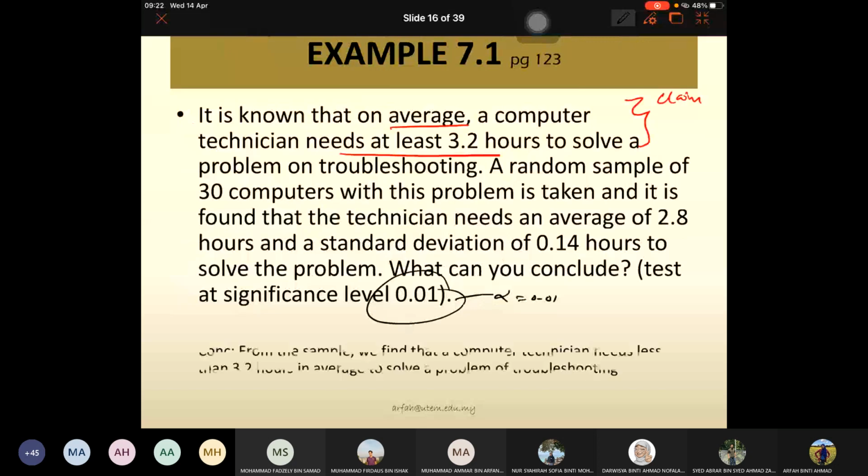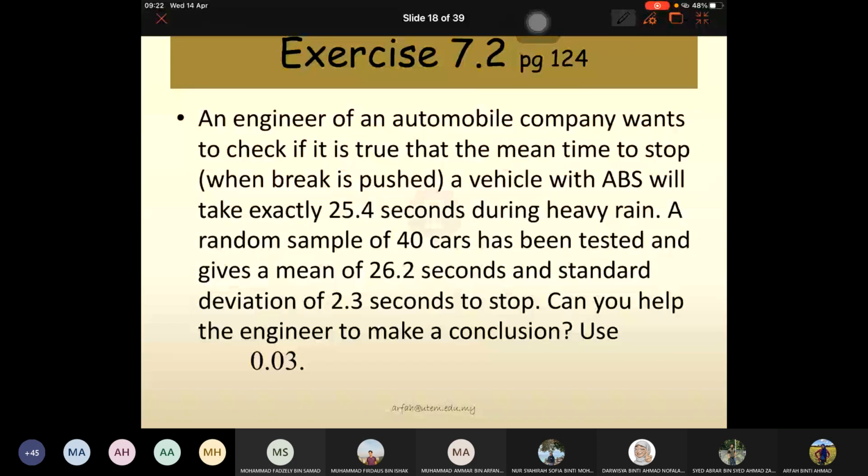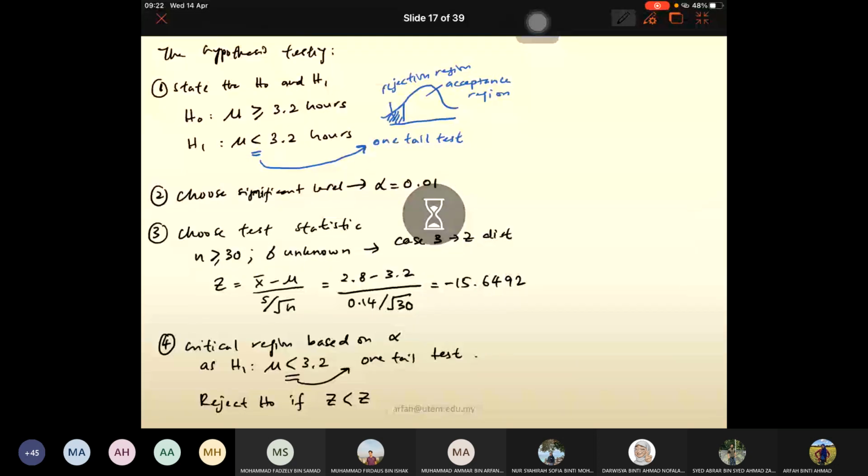Meaning that from here, when Z less than negative Z alpha. Okay. So alpha equal to 0.01 negative Z alpha. So if you do the drawing here, you are going to have like this. Okay, ini rejection region negative Z alpha.